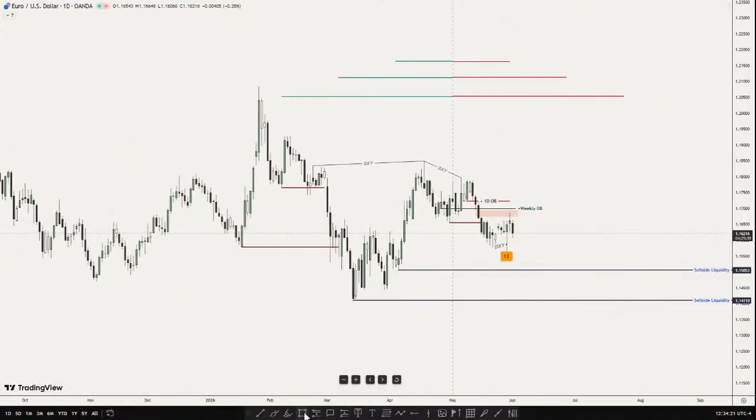So you have to look back 20, 40 and 60 candles of interval, and then you have to mark out on the left side of the chart all the liquidity levels and the points of interest. So this is the first step you have to do.